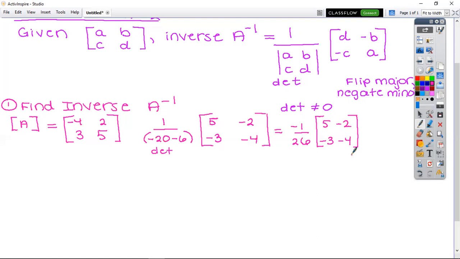Did you have to show any work for scalar multiplication? No. It's only the matrix multiplication that requires work. And that's where we pull the matrix equations that you're going to do today as well. So all I have to do is multiply this now. It's up to you. If you want to reduce it, you can do that too. So my answers, I am going to have -1/26 times 5.